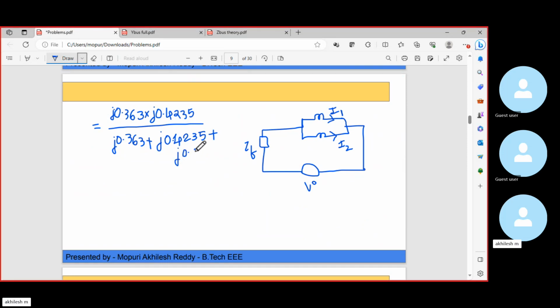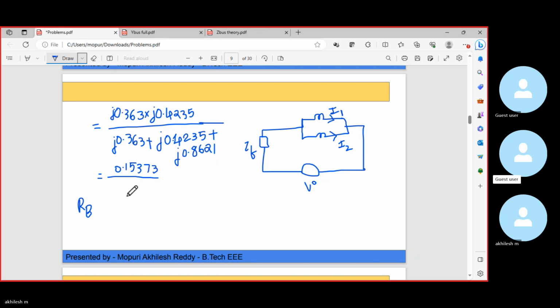Find this value. If we find the numerator and denominator separately, the denominator will be the same for all the parameters. So we can find the numerator and denominator separately. Numerator is 0.15373. Okay.